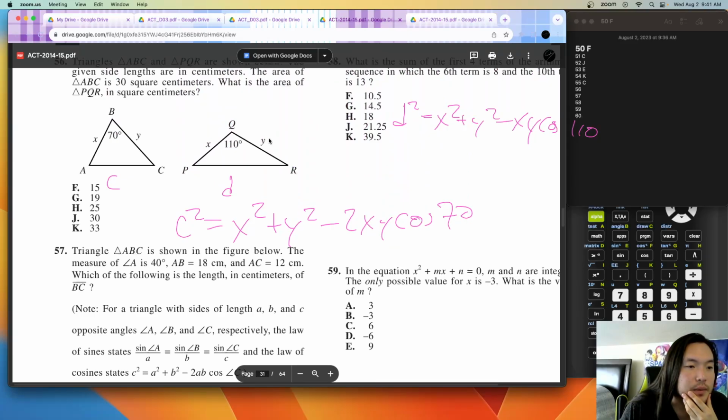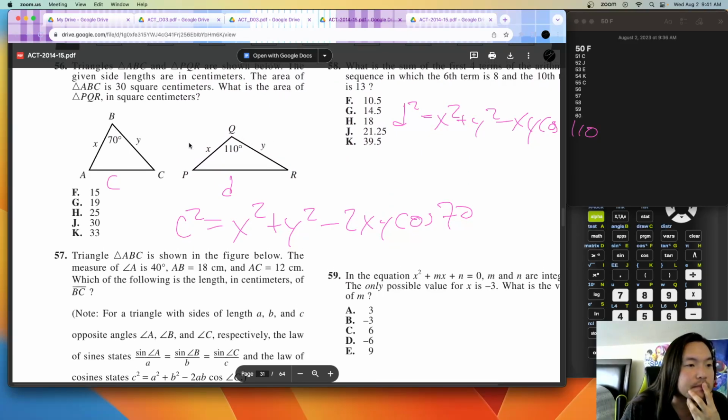Wow, this is definitely one of the hardest questions I've seen in the ACT. We have some angle C, we have some angle A. This is 90.